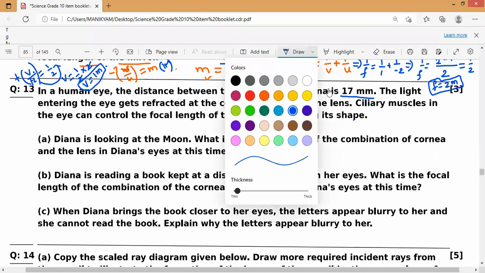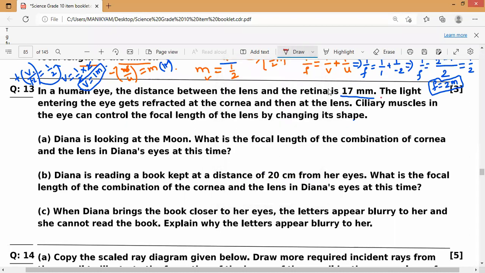The light entering the eye gets refracted at the cornea and then at the lens. As I told you, at the cornea only 70% of light will be refracted and then it falls on the lens. Now, ciliary muscles in the eye cannot control the focal length of the lens by changing its shape.